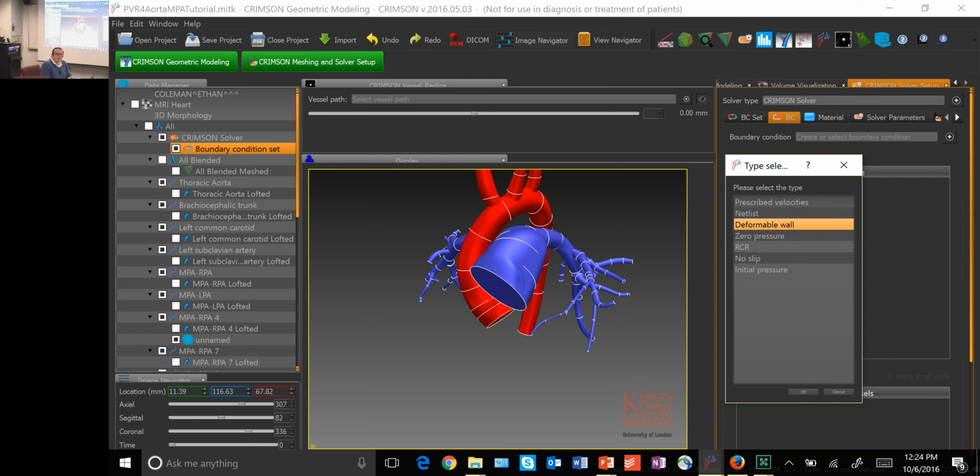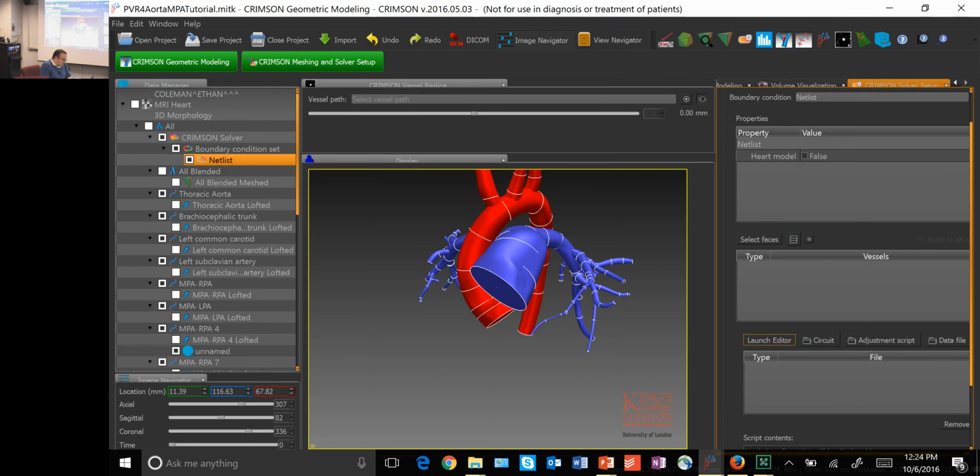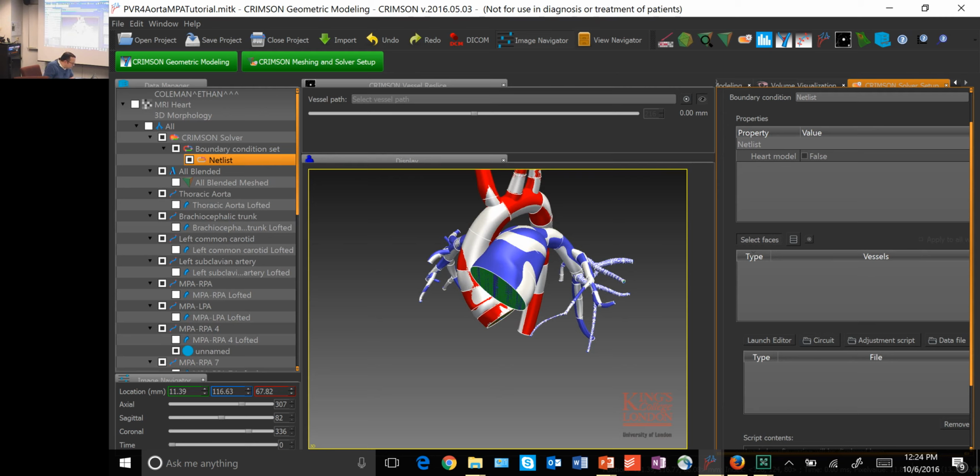You can be dealing with a boundary wall that you model as a compliant vessel, so that would be that. You could apply zero pressure, a Windkessel, no slip, an initial pressure. But the cool thing here is this graphical interface for boundary condition specification. So we're going to apply a boundary condition in one particular phase. So we're going to select the phase. Let me hide, there are multiple things here that I'm showing. Let me just choose this.